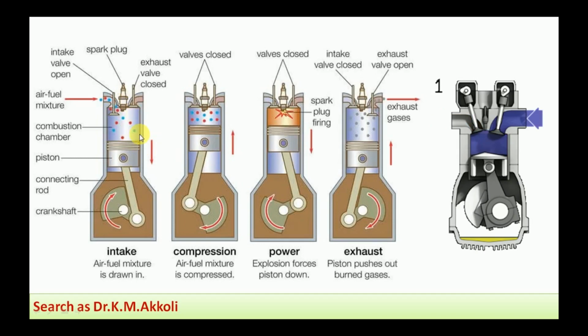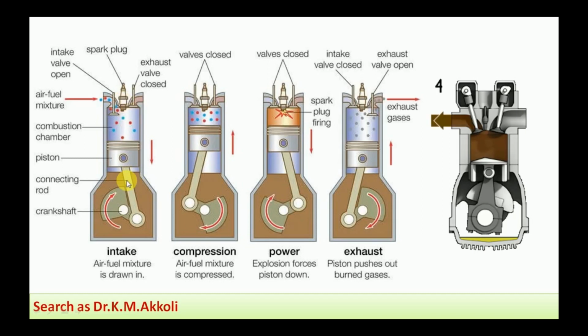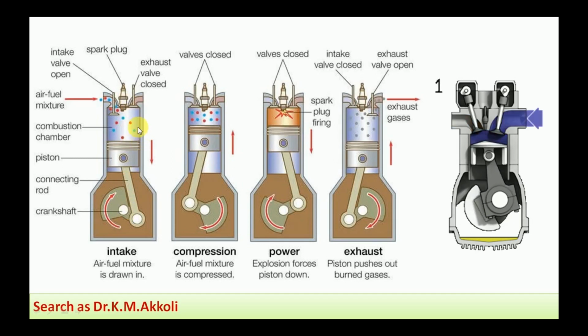This is the engine cylinder, and this is the piston, and this one is the inlet or suction valve. This is the exhaust valve, and this is the spark plug, and this is the connecting rod, and this is the crank, and this is the crankshaft.